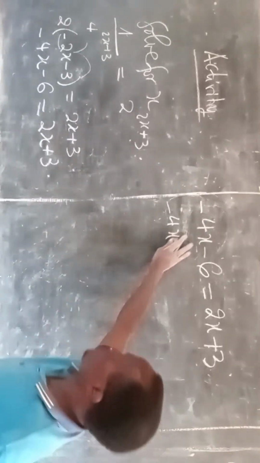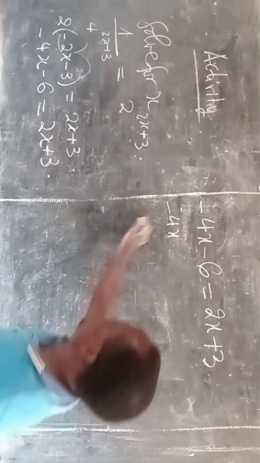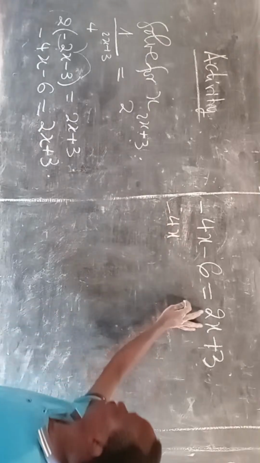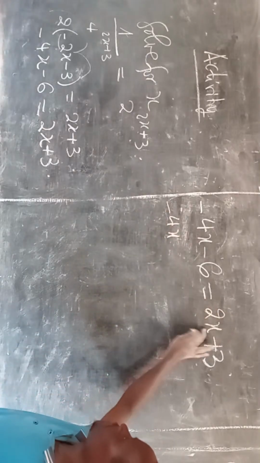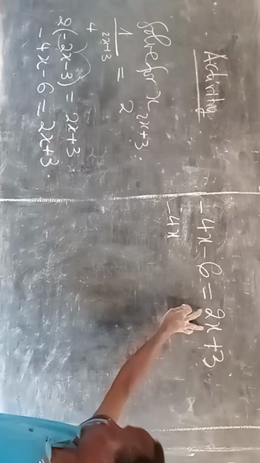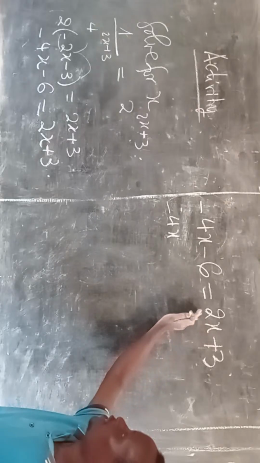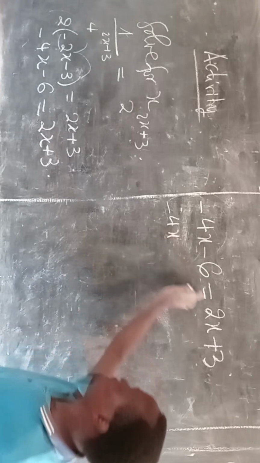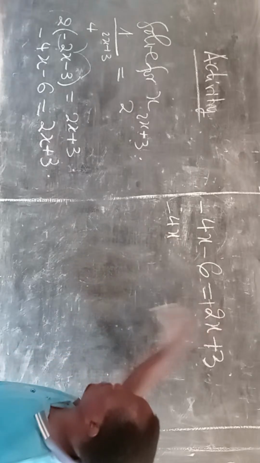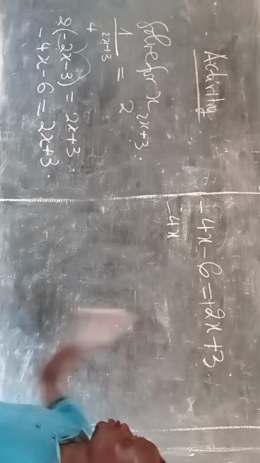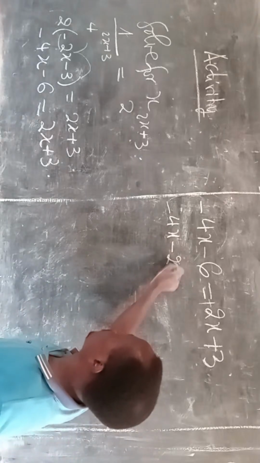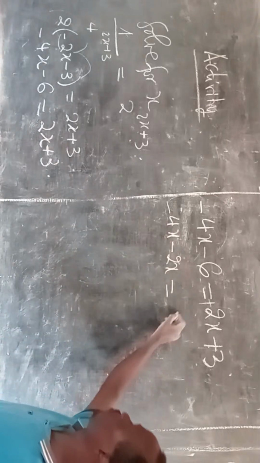Now, so equal symbol. Now we remain with minus 4x. We have here 2x in the second member. Moving it to the first member, the sign here we have plus will be changed into minus 2x, which is equal to 3.